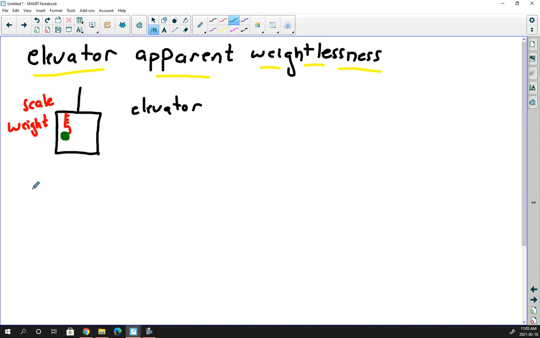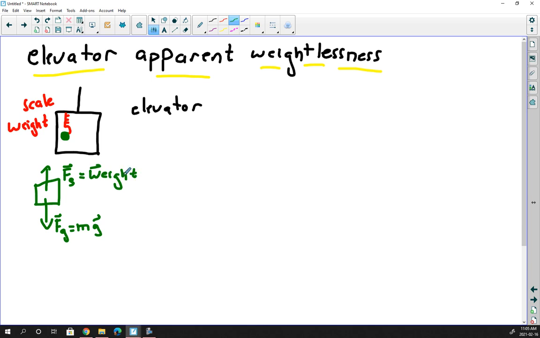So if I draw a free body diagram of that object, it'll be the force of gravity on that object and the force of the scale that's holding it up, which gives us a measurement of its weight.